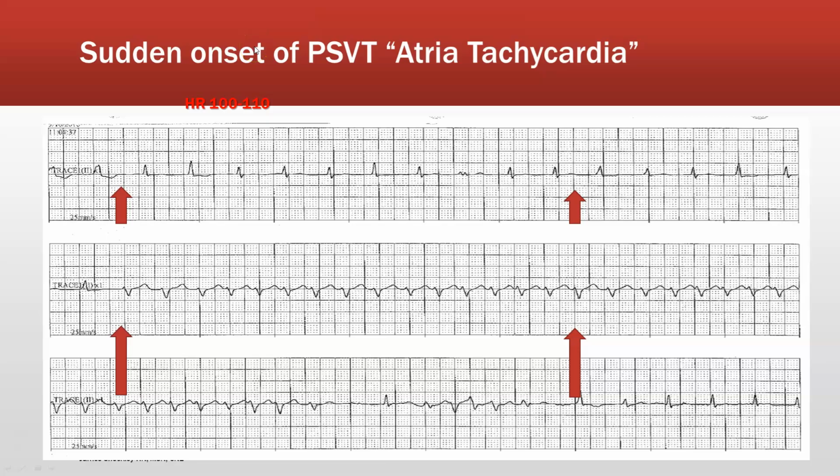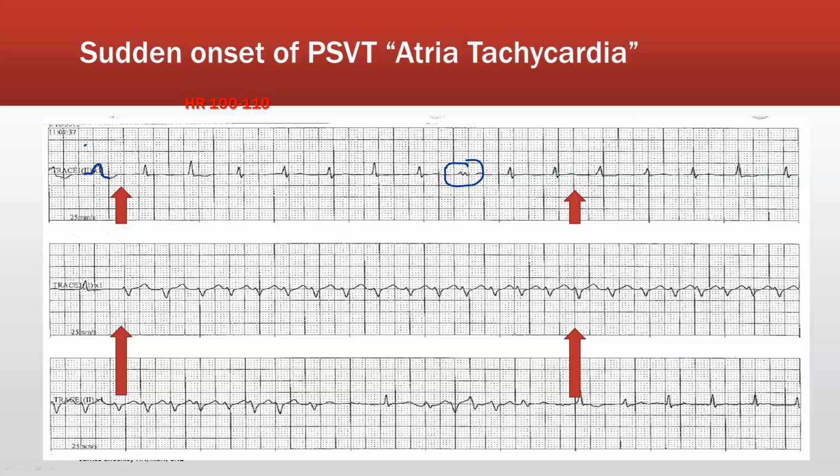So, when we say a sudden onset of PSVT, what I want us to notice is, first thing, I'm going to look at the top row here. This is a continuous tracing. I see that not everything is exactly like it's supposed to be. I see some non-conducted QRSs.